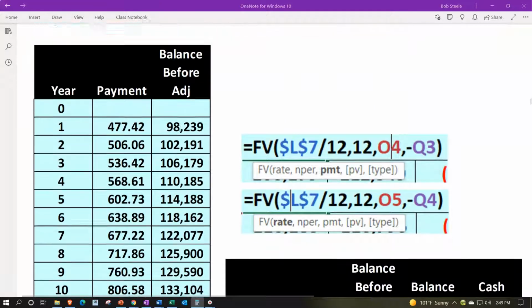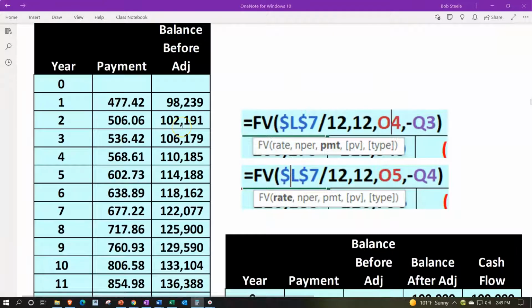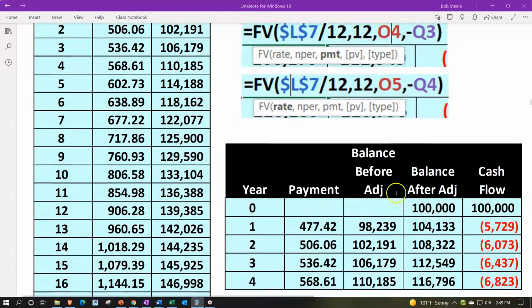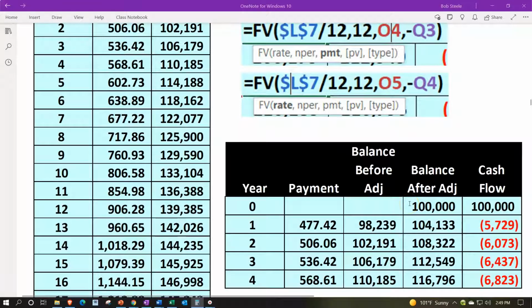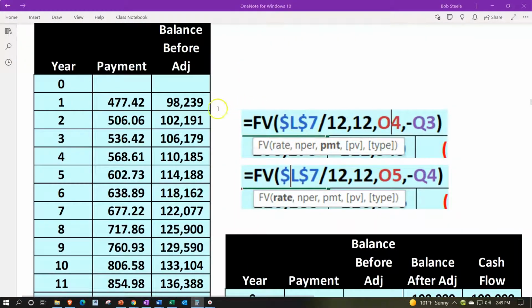So then if we look at the balances, we're going to calculate the balance, and then once we calculate the balance in this calculation, then we'll figure out what the adjustment will be with regards to inflation. That's how we can construct our table. We can get this balance either with a formula like this, or we can do it step by step in the amortization table as we construct the amortization table, and then apply the inflation, which we're going to assume 6% increase from whatever this balance ends up being.